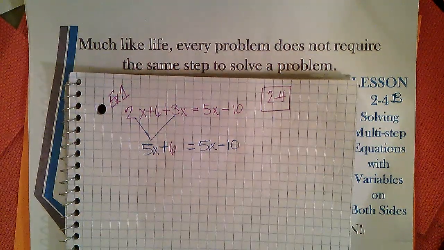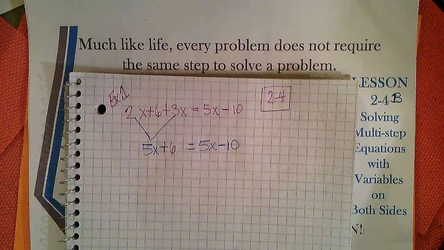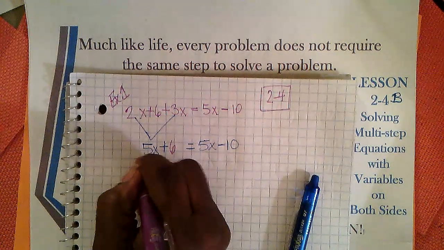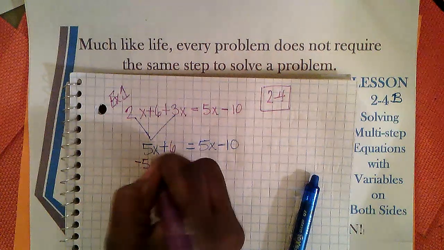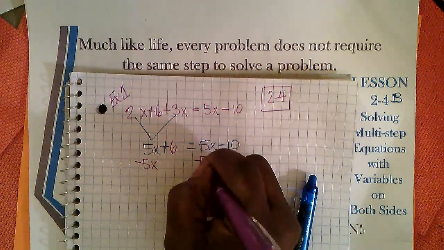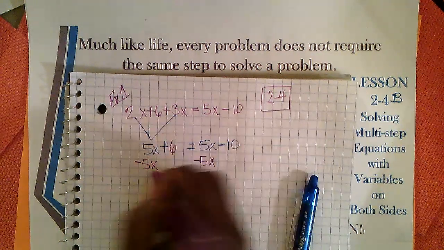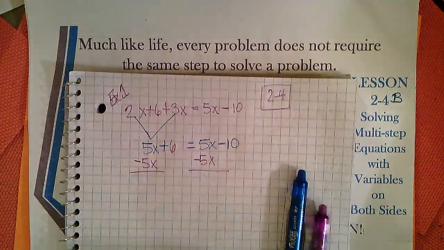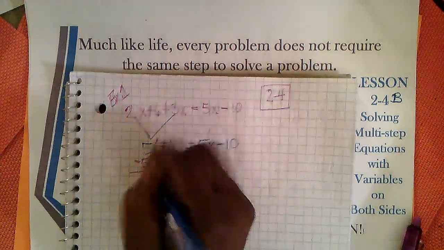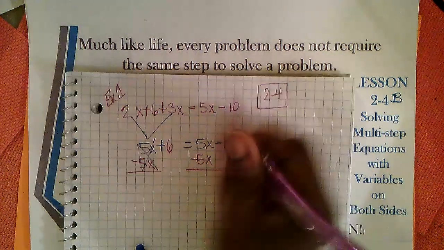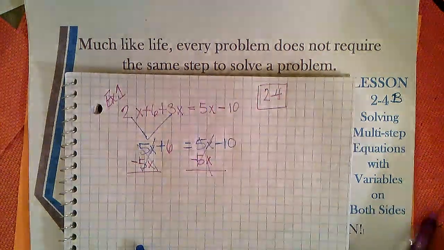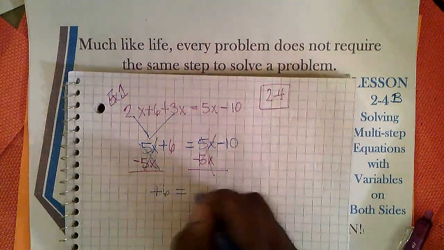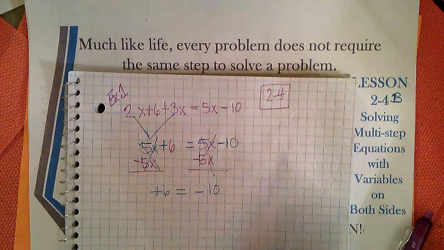All right. Now we are going to subtract 5x from this side. So that means we got to subtract 5x from this side. That cancels out, leaving us with a plus 6 and a negative 10.